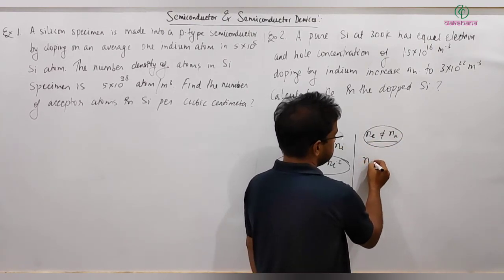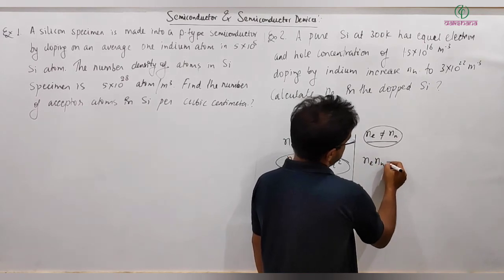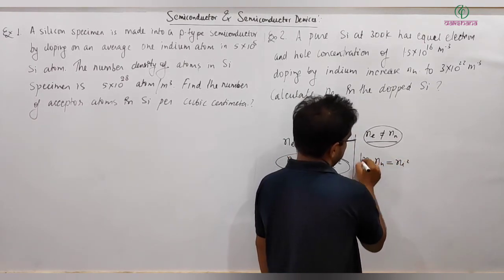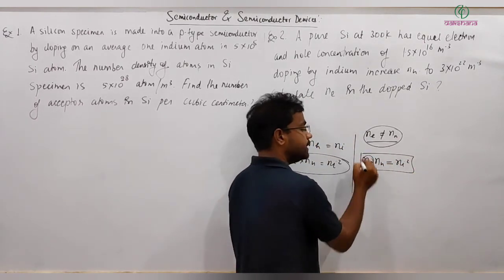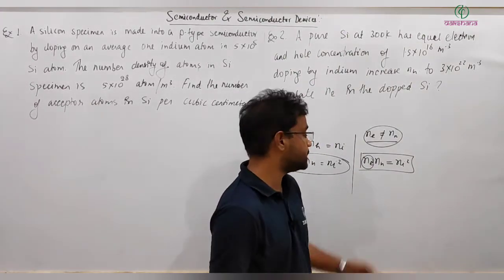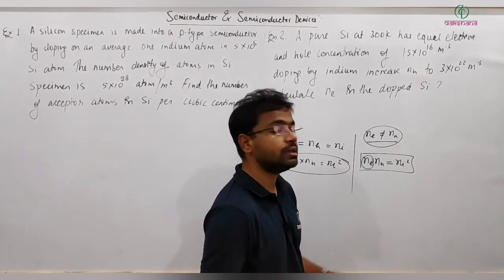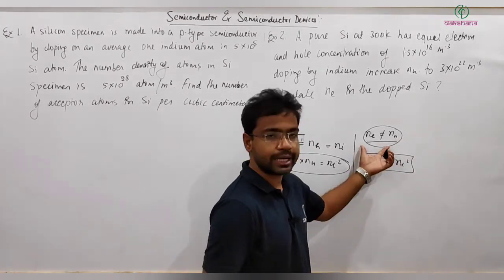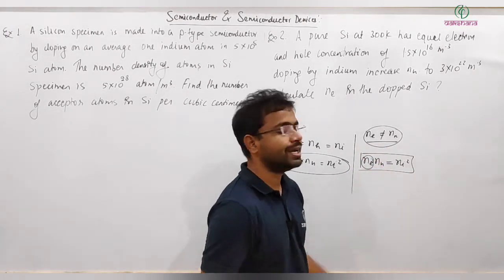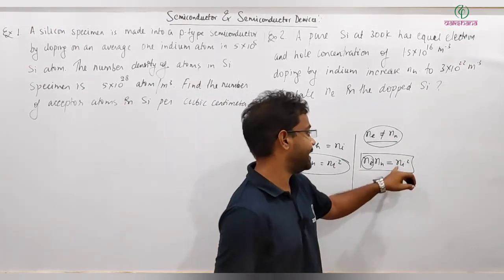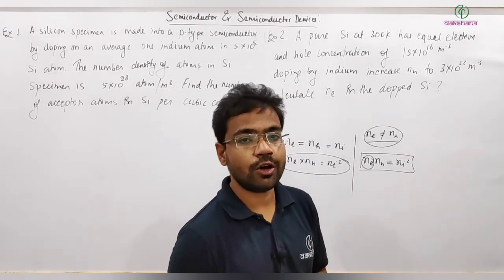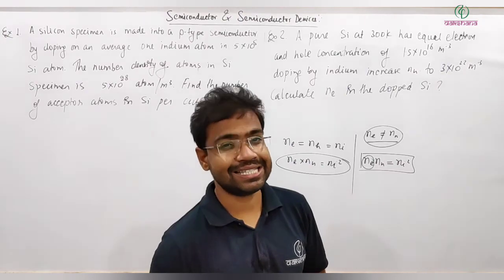But still here also this relation holds, Ne Nh is equal to Ni square, where Ne is the number density of electrons in whatever n-type or p-type semiconductor, Nh is the number density of holes, and Ni is the number density of charge carriers in intrinsic semiconductor.